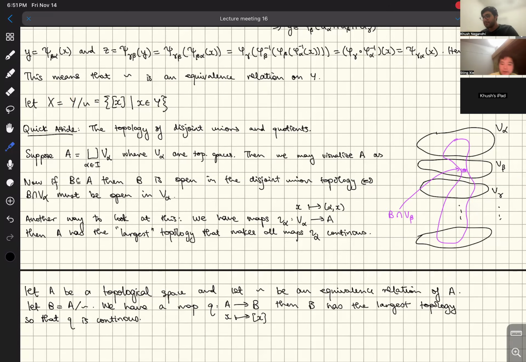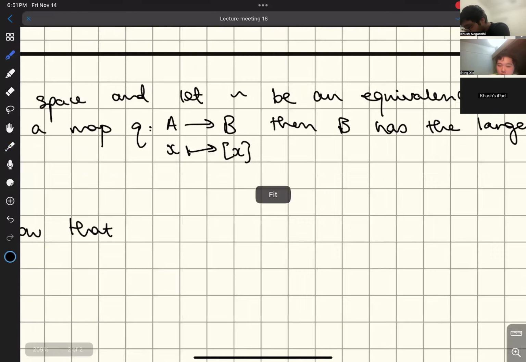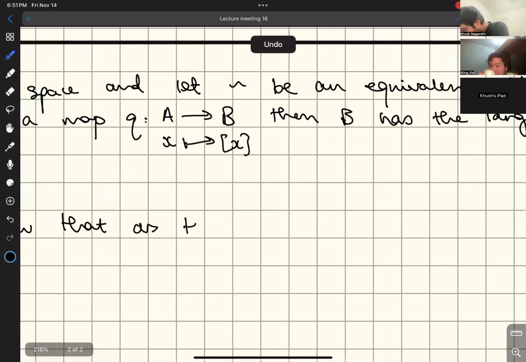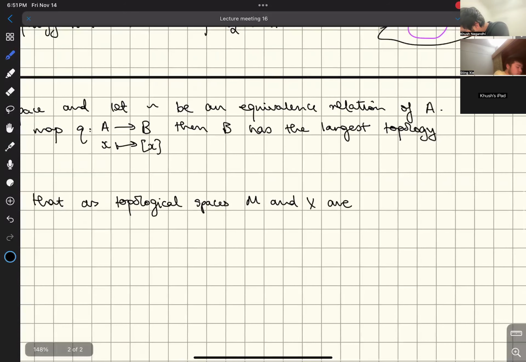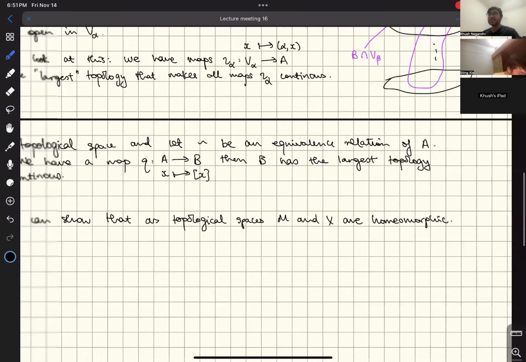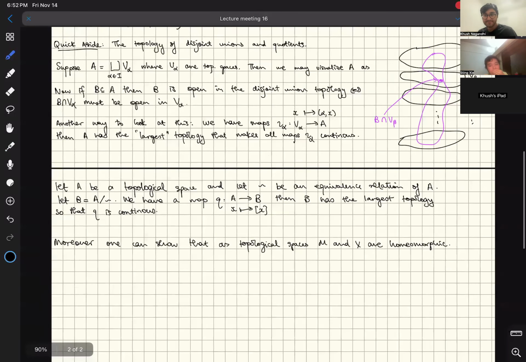Moreover, one can show that as topological manifolds, or as topological spaces, M and X are homeomorphic. Okay. So we've successfully recreated the topological space M just from local data.